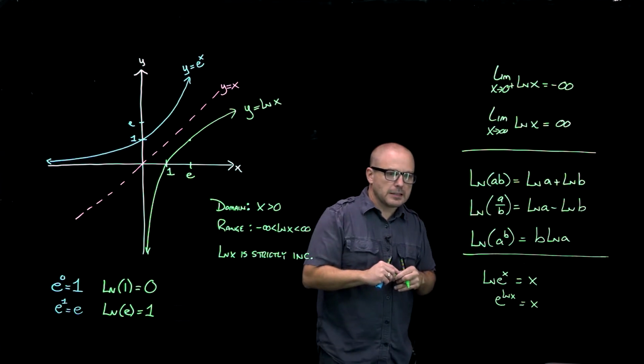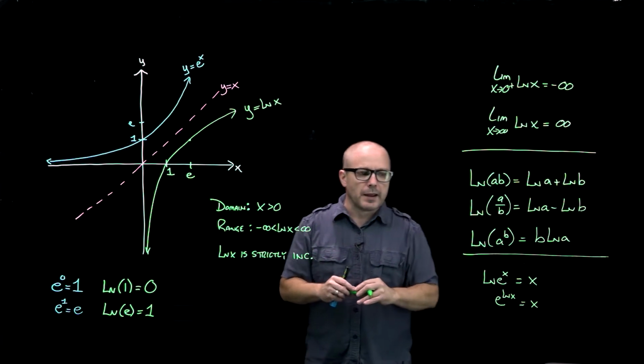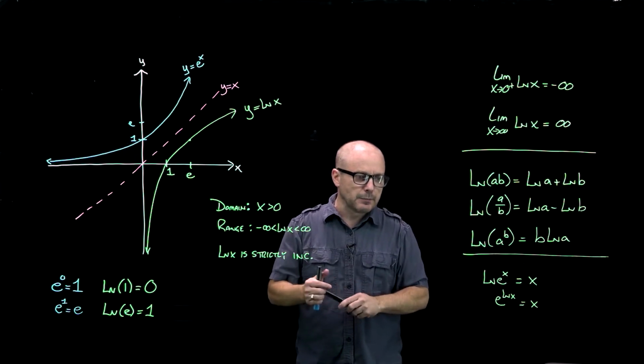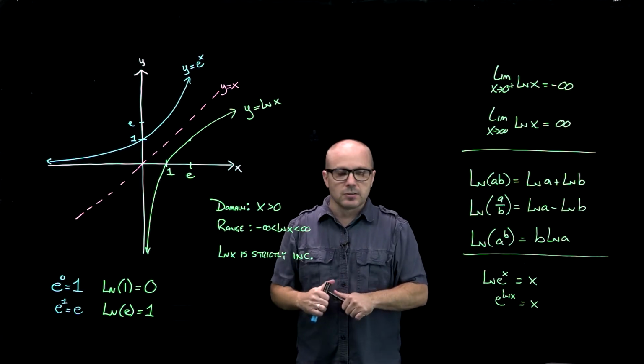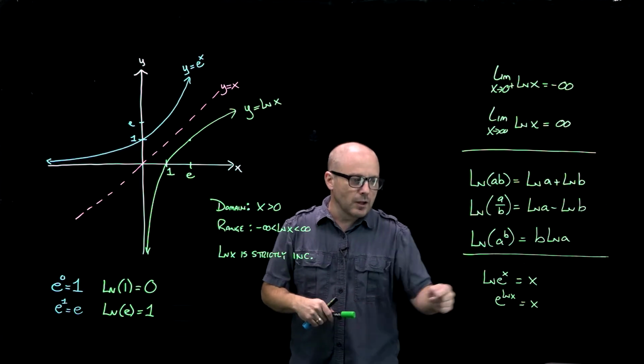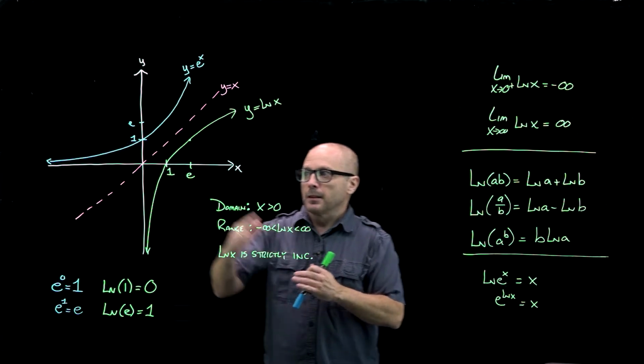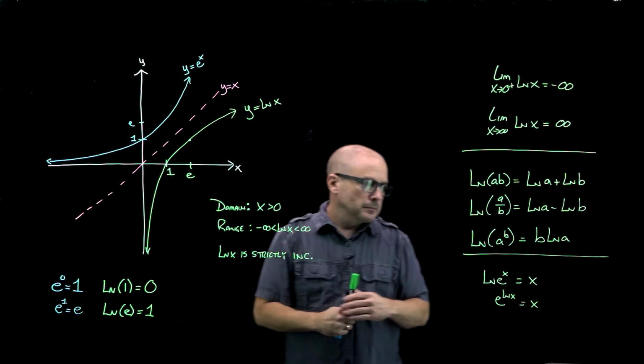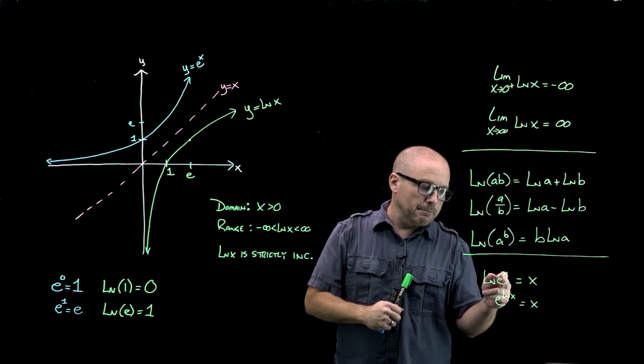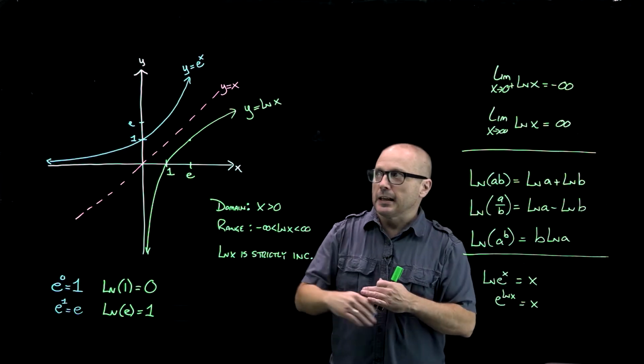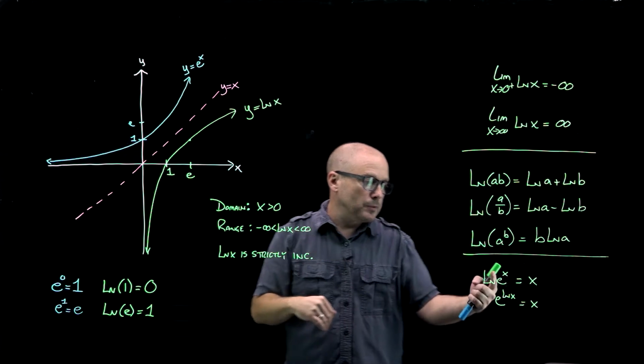Now, we got to be a little bit careful about domain and range. Make sure we're not saying anything beyond what these functions do. Natural log can only take in positive numbers, right? But this quantity, e to the x, will only ever be a positive number, so that's fine.